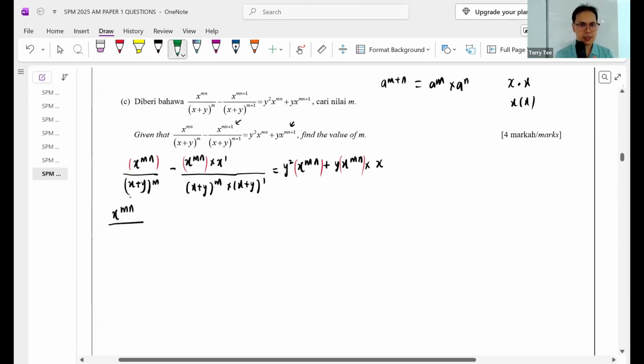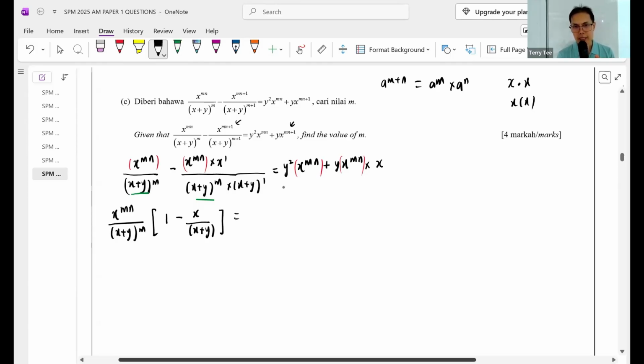Another thing, notice this, I have x plus y, x plus y. My right-hand side cannot see the x plus y yet, so I don't want to do anything first. I take out my x plus y power m. So if I take this whole thing out, what do you have left? You have 1. Left with 1. This one you have x. The green one, x plus y power m taken out, left with x plus y.